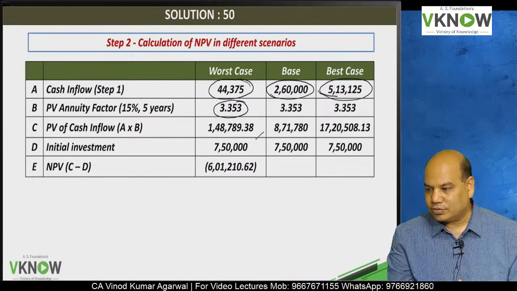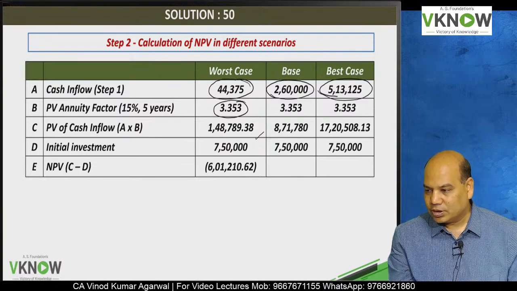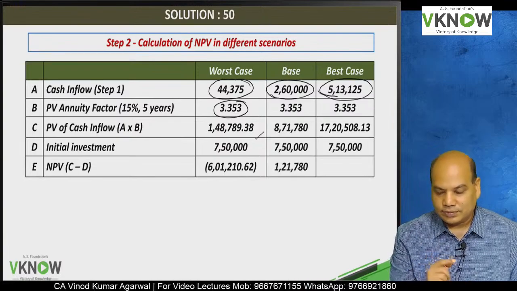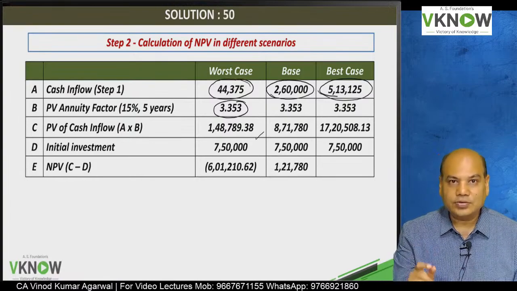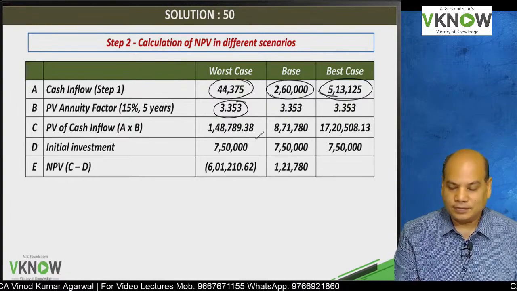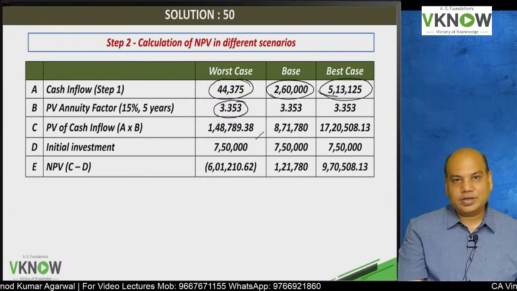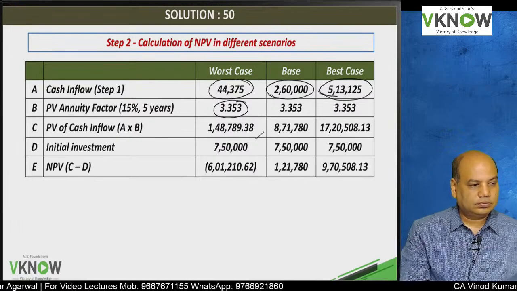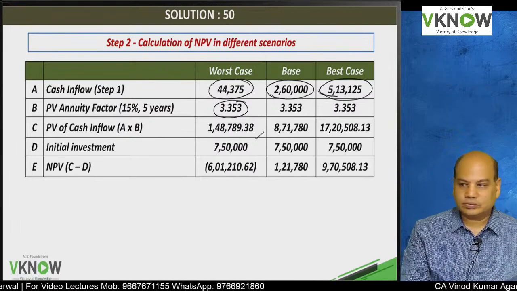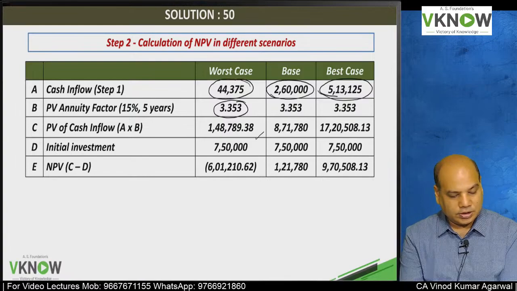You can round off to 211 also. Second one is positive, 121,780. Third one is also positive, 9,70,508. This answer is over.